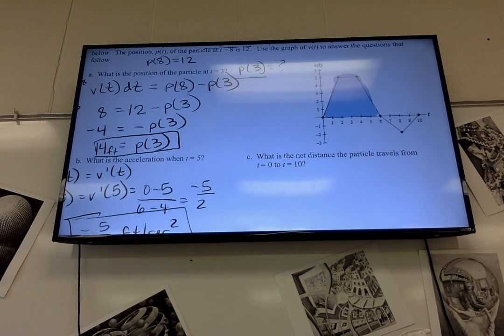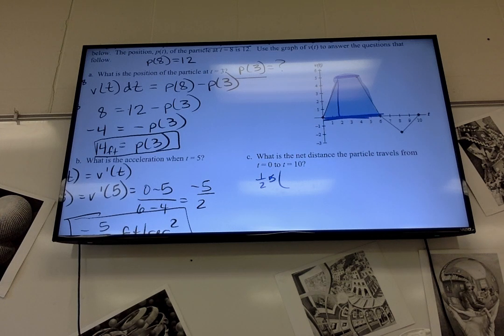For the area of this trapezoid, the height goes from 0 to 5, so 1/2 times 5. Then the two sides here, we add those together.